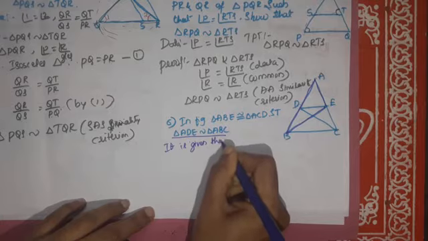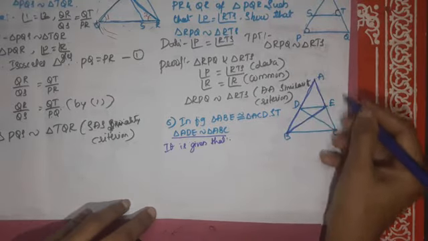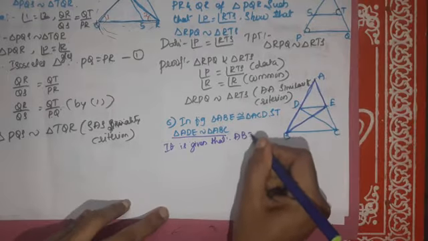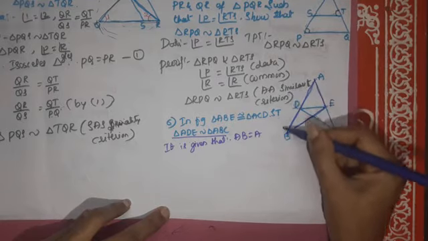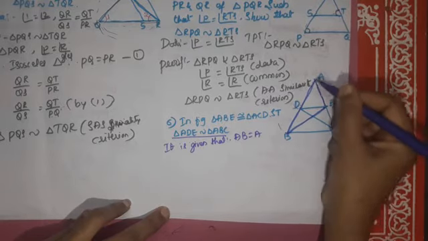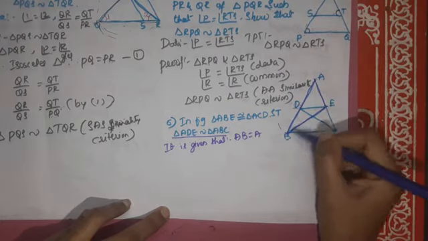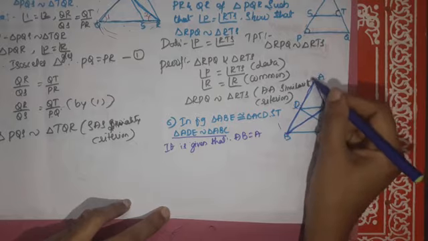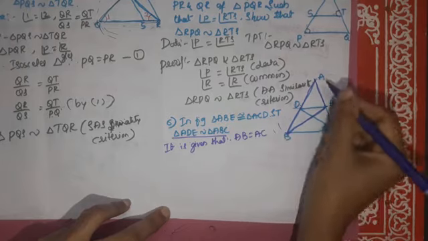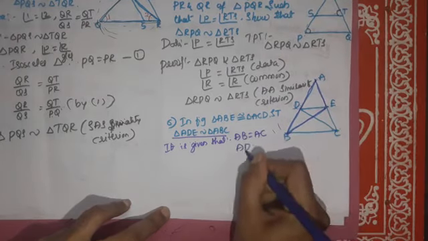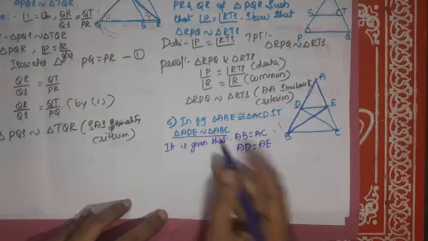Here it is given that these two are congruent, so we have AB equals AC and AD equals AE. In ABE, AB is equal to AC in ACD. So AB equals AC and AD equals AE.